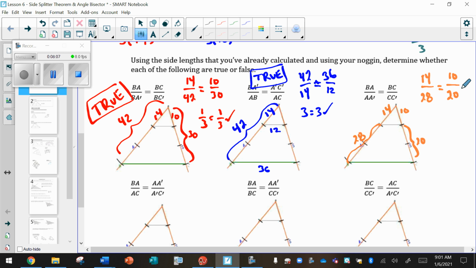If you reduce both of those fractions, both fractions reduce down to a half, or if you decided to cross multiply, they would both get a result of 280. So this one is also true. We're nailing all the true ones.